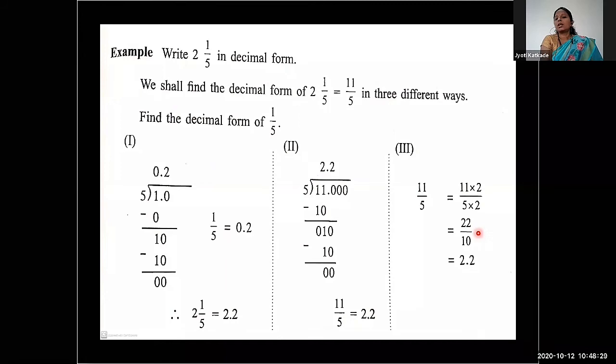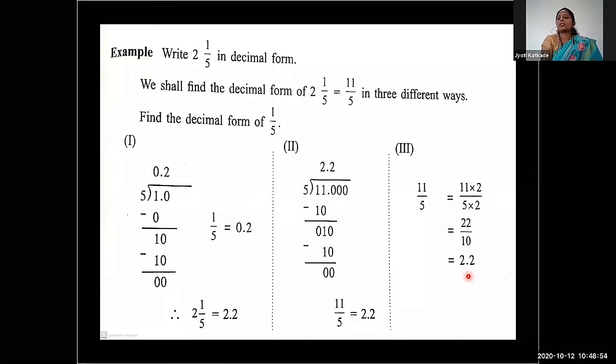Now 11 twos are 22 and 5 twos are 10. In the first example, we have studied this: when we divide any number by 10, there is a decimal point, or we move left by one digit, then we get 2.2.